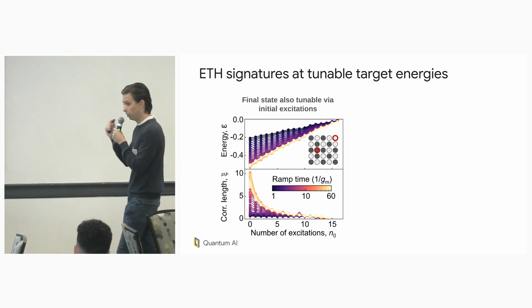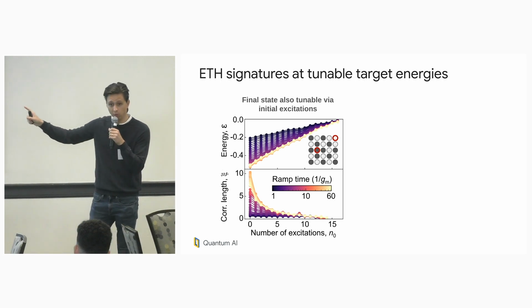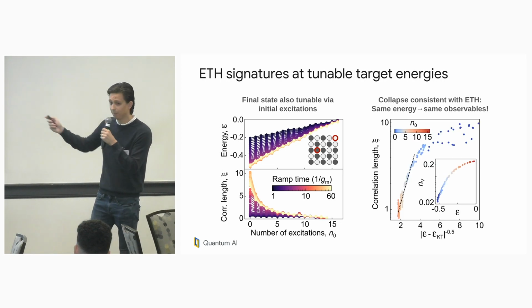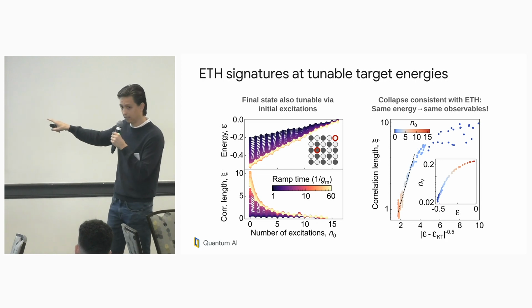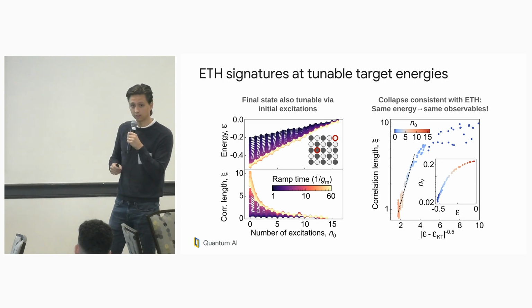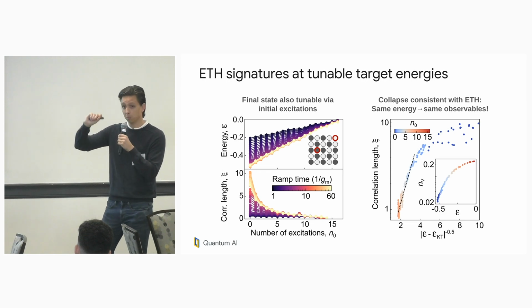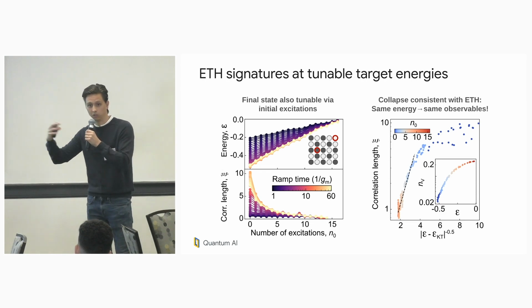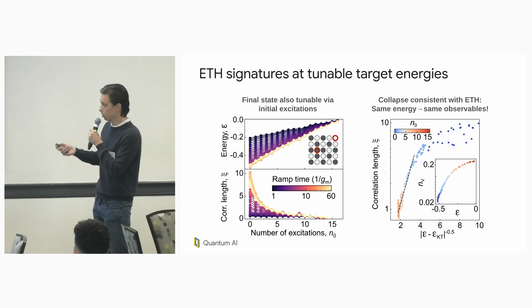But really, to get the full insights of this data set, what we should do is take all of these points and plot them on the same axes with the correlation length on one axis and a function of the energy on the other axis. When we do that, we find that all these data points, corresponding to many different ways of preparing the state, either some initial excitations, a certain ramp time, all these combinations, the points all collapse.